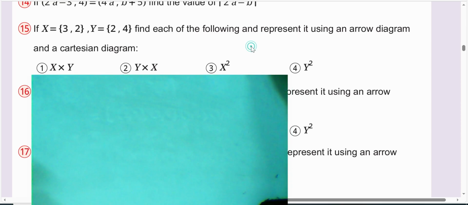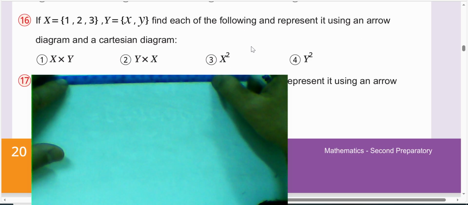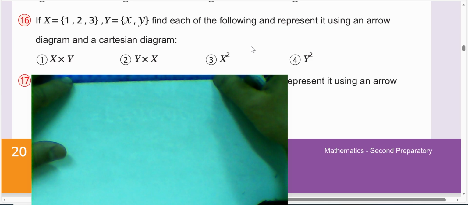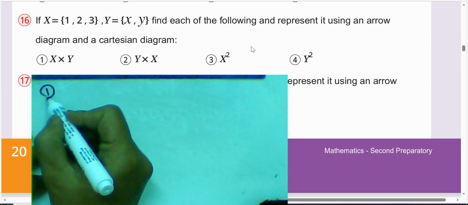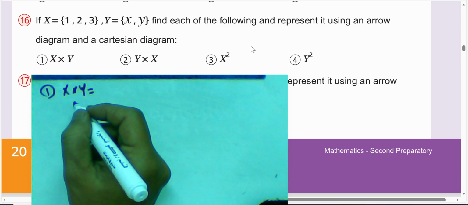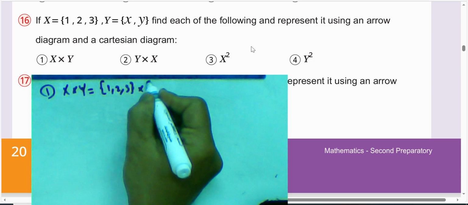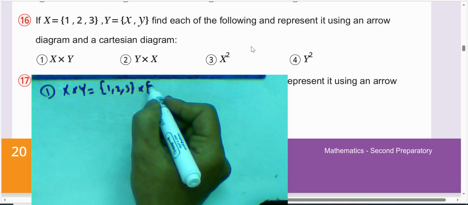Next question. We have x and y. You want to find the following using an arrow diagram and a Cartesian diagram. Number 1, we want to find x Cartesian product with y. X is 1, 2, 3, and the set y equals x and y.